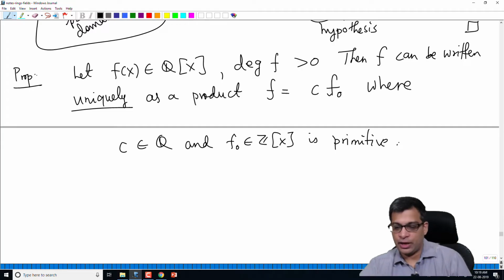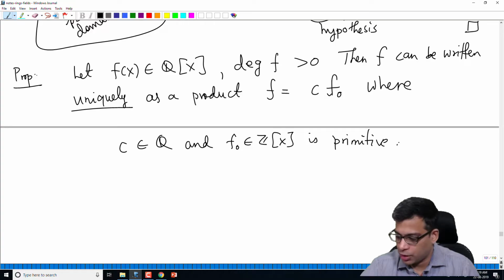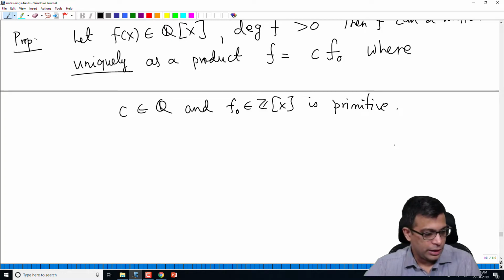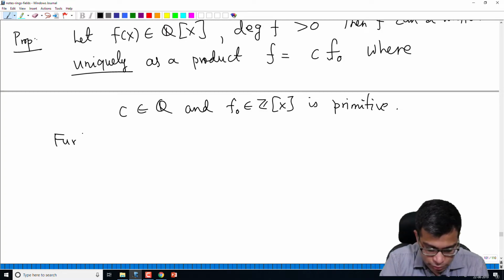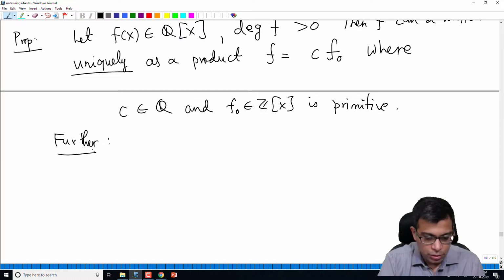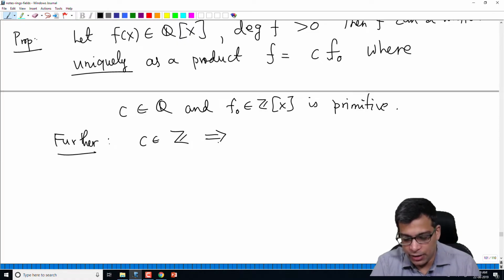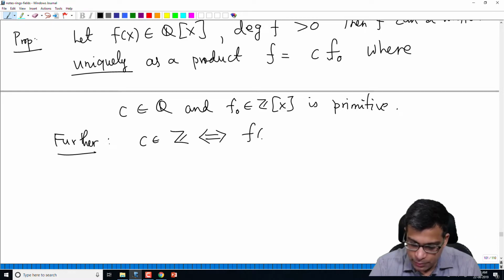So f can be written uniquely as a product of a rational number and a primitive polynomial. Further, C is in general a rational number, but C belongs to Z if and only if f(x) itself belongs to Z[x].